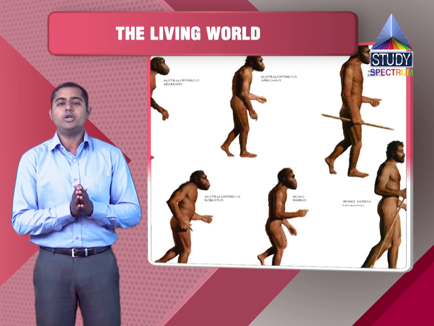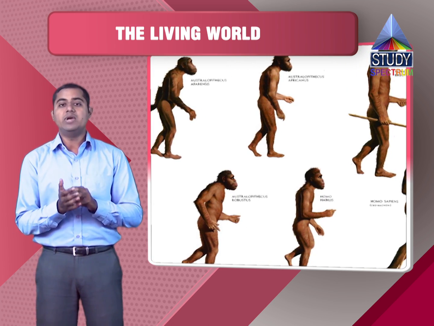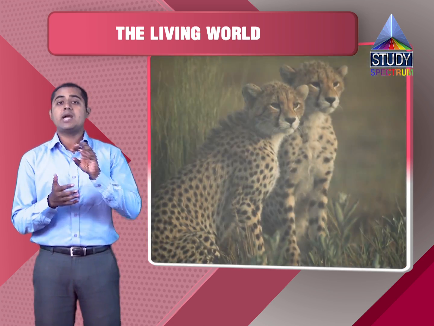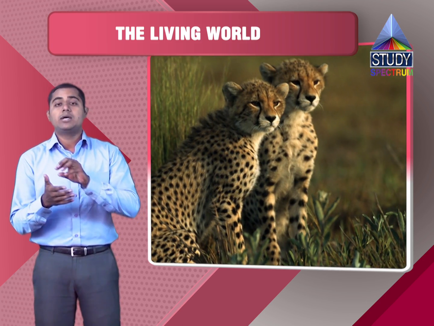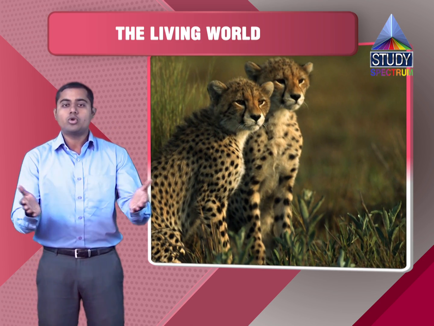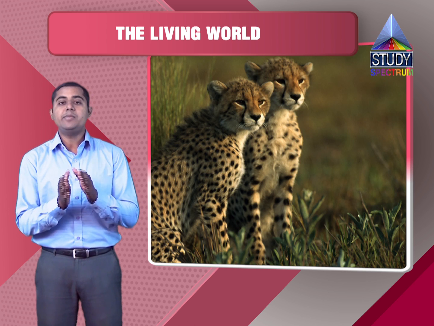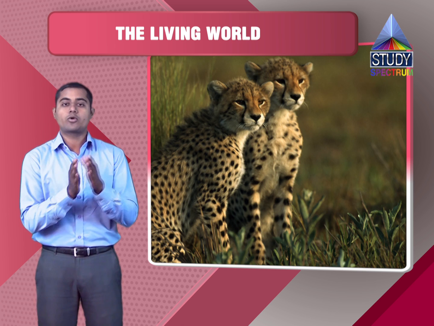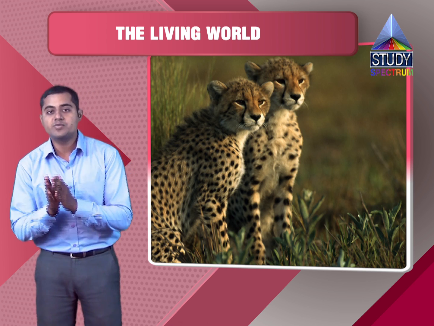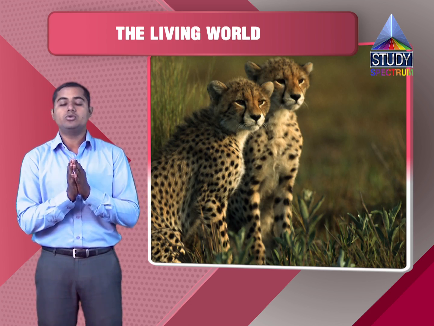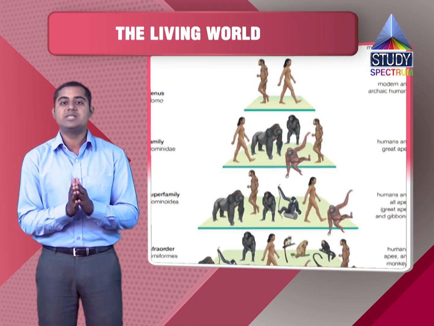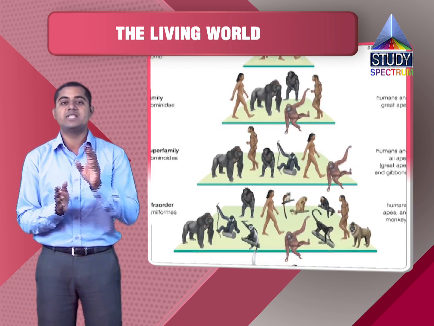But we do not need to denote them every time with kingdom Animalia, phylum Chordata, and all those categories. No need of that. We simply take the name from genus and species. So when we want to denote a human being, we simply say Homo sapiens, and we are there at that place.